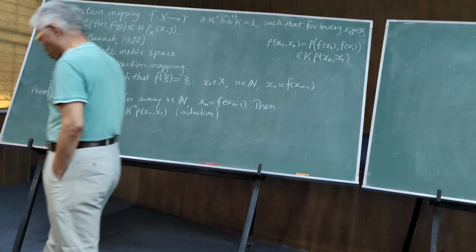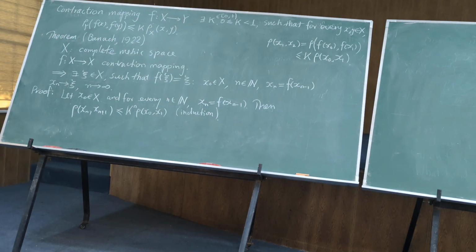Here the contraction mapping property is used. The definition of the contraction mapping is used. So you cannot really get rid of that condition. You cannot really drop that condition. Now let us have a look at what happens between any two terms of this sequence.